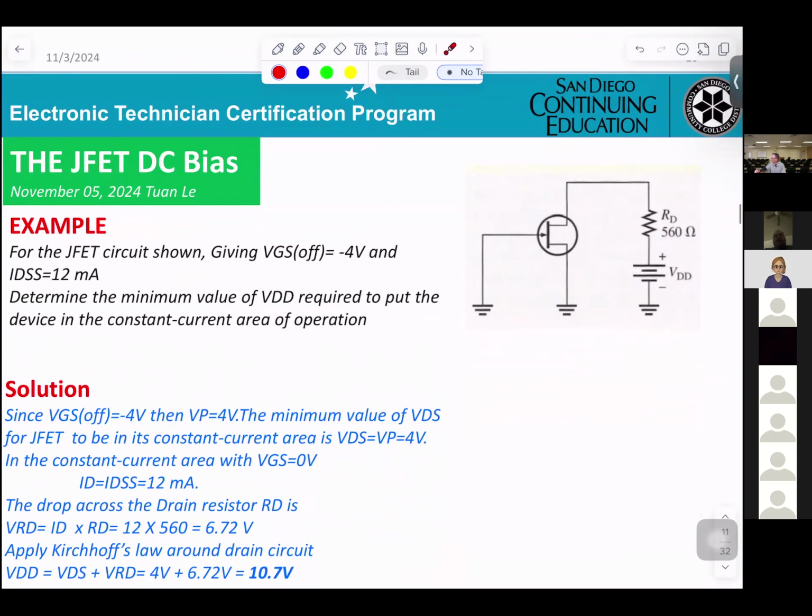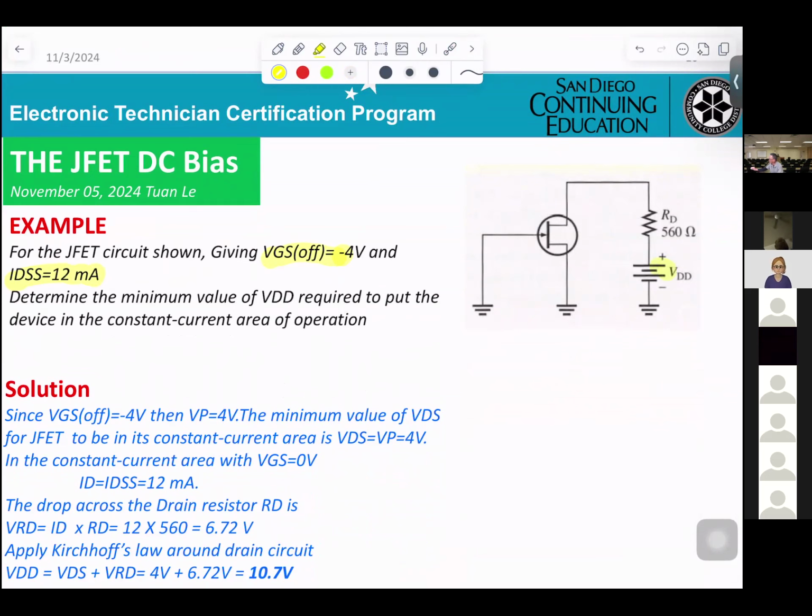Now, example. For the JFET circuit they give you VGS off equal -4 and the IDSS equal 12 milliamp. They say determine the minimum value of VDD required to put the device in the constant current area.